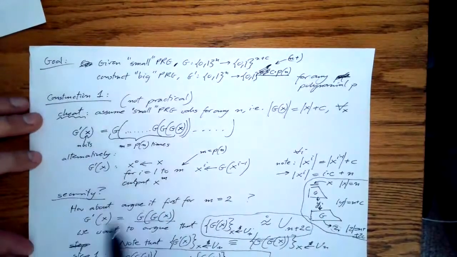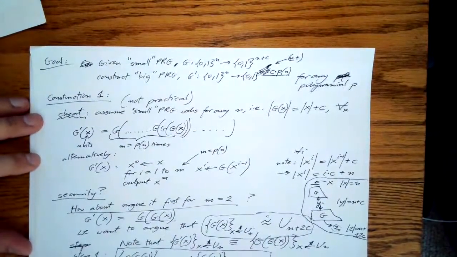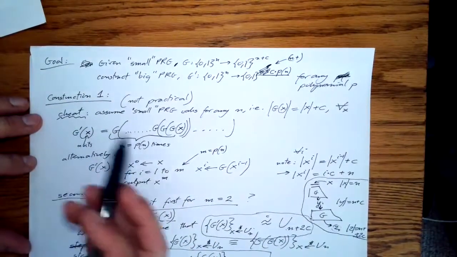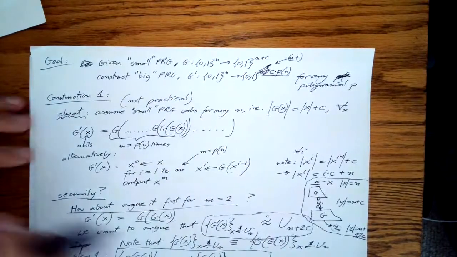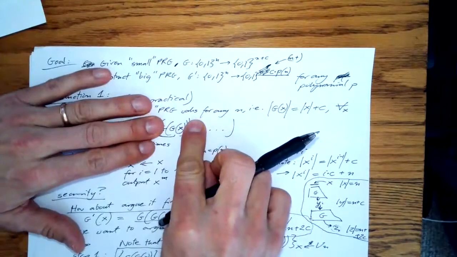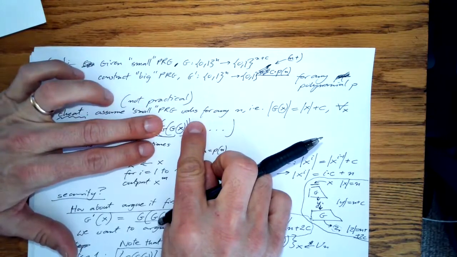So I only argued this assuming that there are only 2 rounds. But you can see that I can repeat the same argument, because G of x's are indistinguishable from random by the very definition of what a G is.